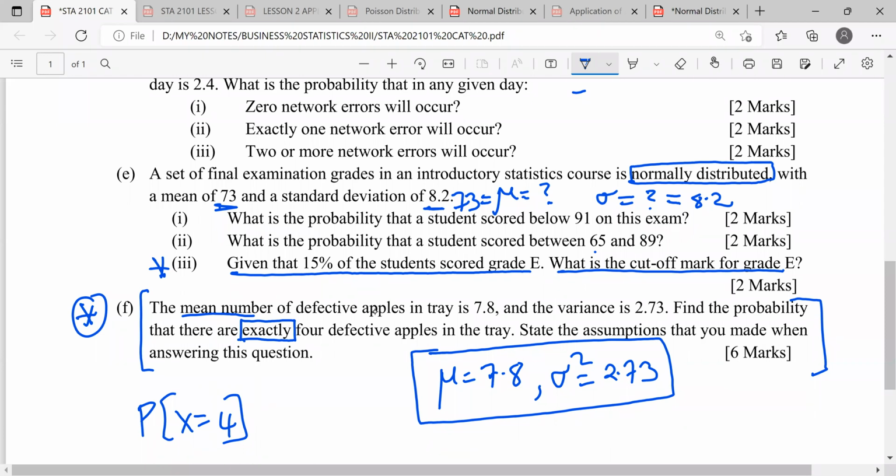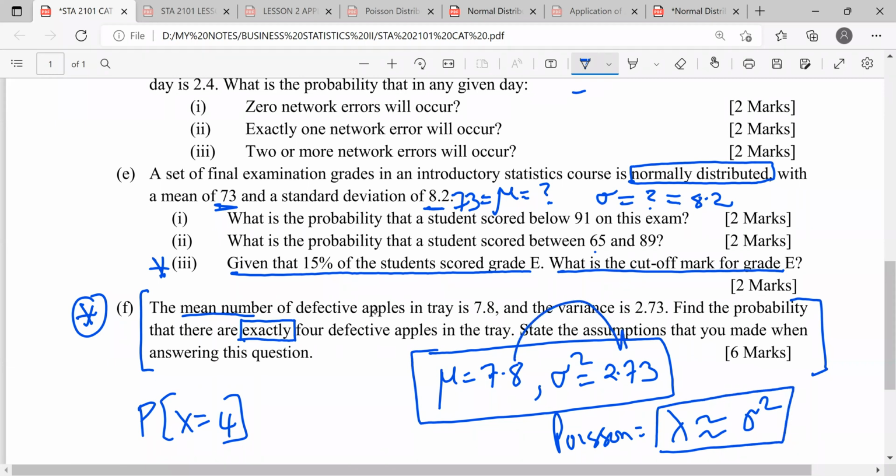A further hint is that for the Poisson, we say that mu should be approximately equal to variance. So we're saying that these two numbers here must be approximately equal. And clearly these numbers are not approximately equal. So that leaves us with the option of binomial distribution.